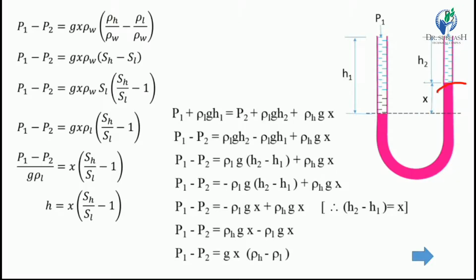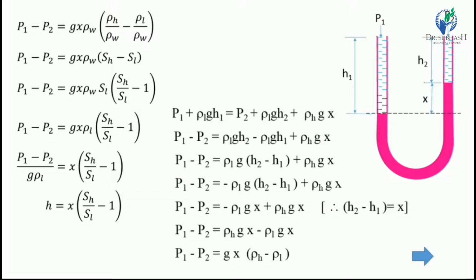Now the second column, of mercury. The pressure head for the column of mercury is rho Hg g x, where x is the difference h1 minus h2.